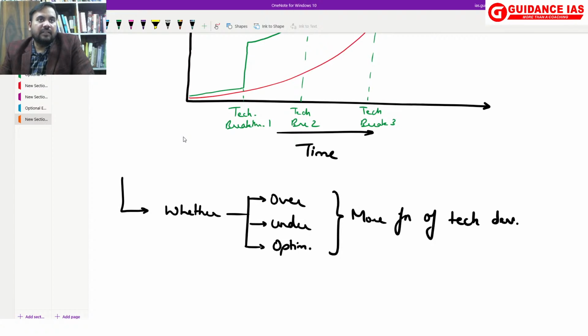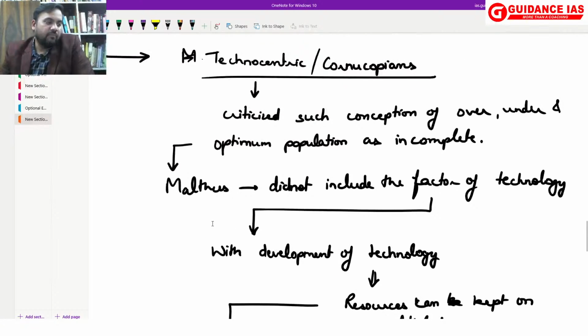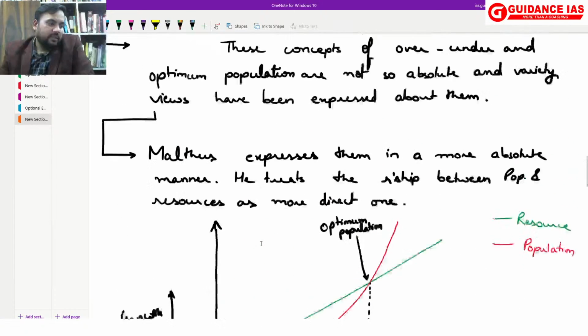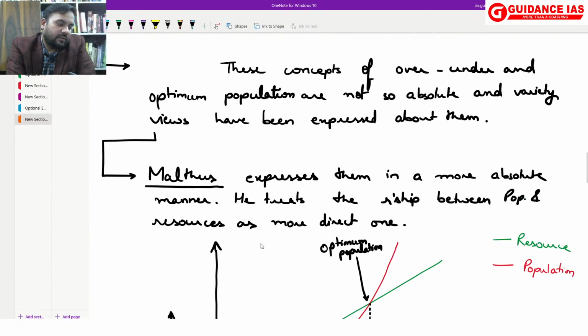Okay, rather than population size. Cornucopian is a viewpoint. Like we just saw the Malthusian viewpoint. So Malthusian viewpoint is ecocentric or ecological viewpoint.